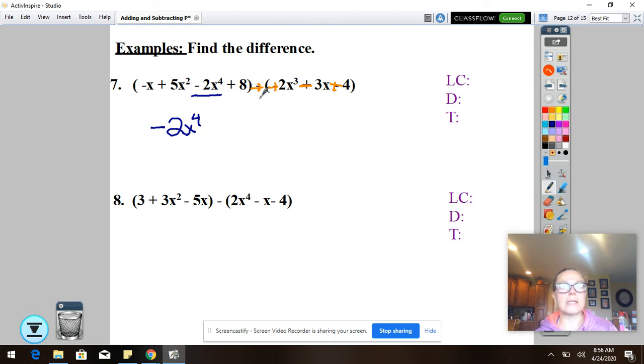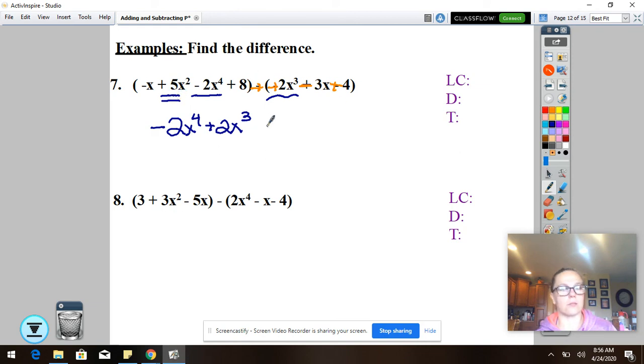Now I look, my next largest exponent here is this 2x cubed. And like I said, we changed it to a plus sign. So now I have plus 2x cubed. And next, I look for my next exponents. Here, I've got an x squared.